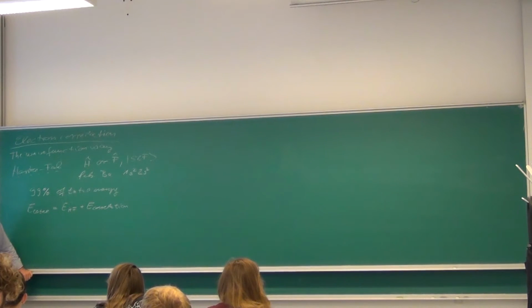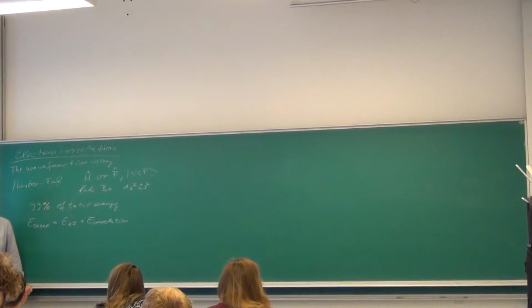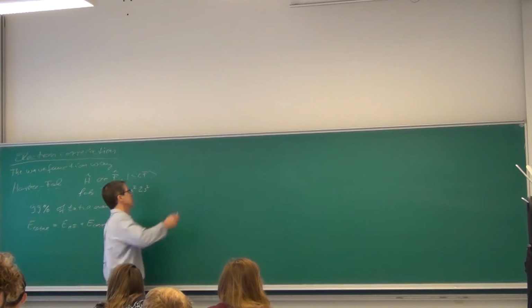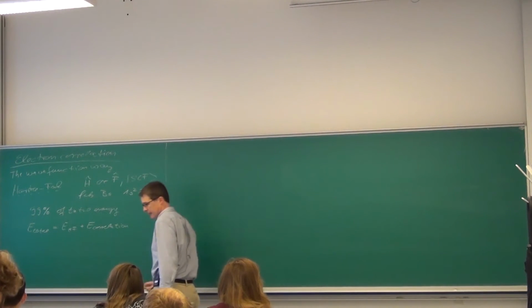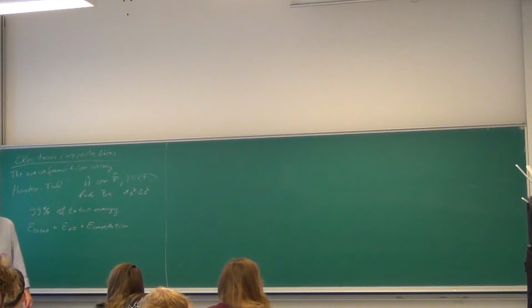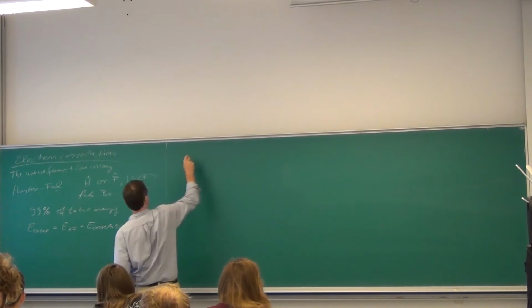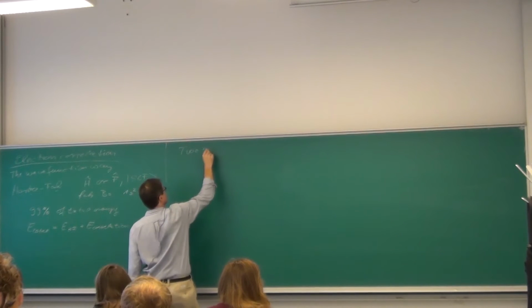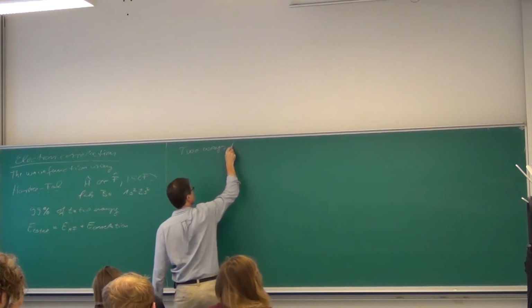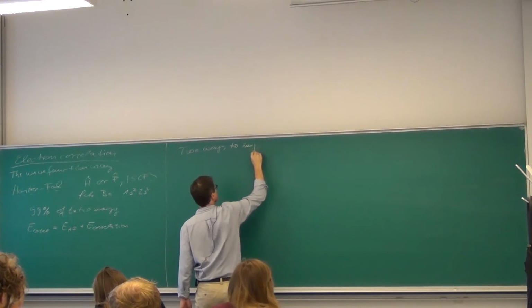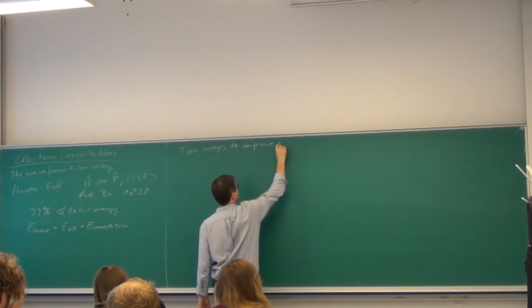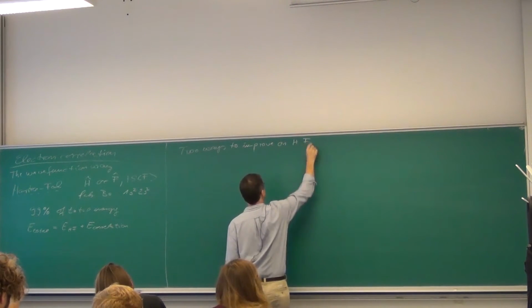And now there are several ways we can improve on Hartree Fock. One way is the one we're going to do in these 2 weeks, and the other one is going to be density functional theory. We're going 2 ways to improve on Hartree Fock.